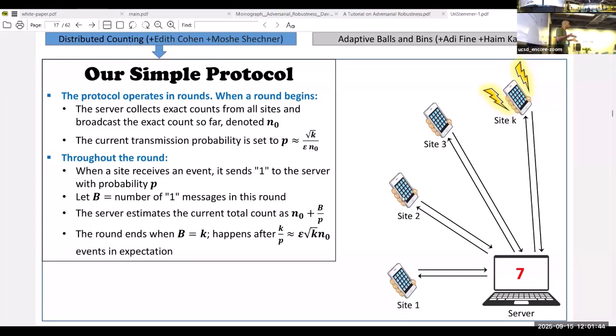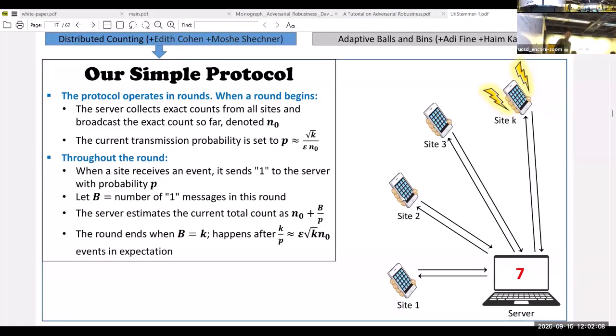And then the server estimates the total count of events so far in the way that you would expect it to do, right? It's n0, the number of events in the beginning of the round, which the server knows exactly, plus B over p, which is the expected number of events that has occurred if the counter of 1 messages is B. Make sense?